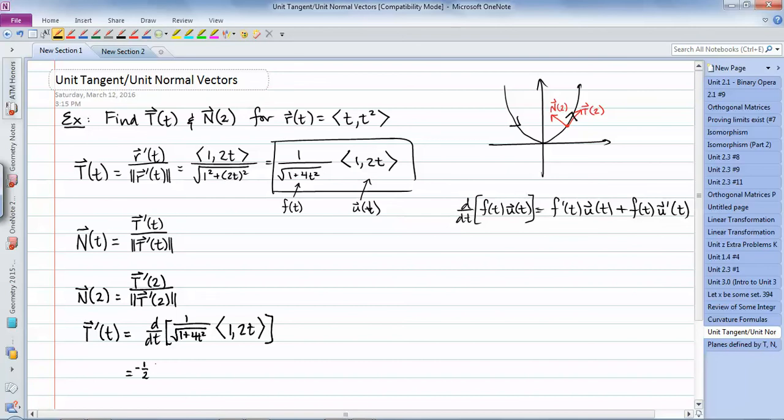So it's negative 1/2, 1 plus 4t squared to the negative 3/2, times the derivative of the inside, which is 8t, and then times the vector ⟨1, 2t⟩. So this is the f prime u, plus, and then keep the first one the same, so it's 1 over root of 1 plus 4t squared times the derivative of the second one, so that'd be ⟨0, 2⟩.